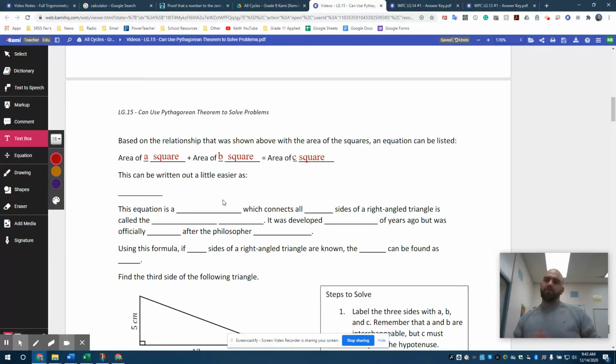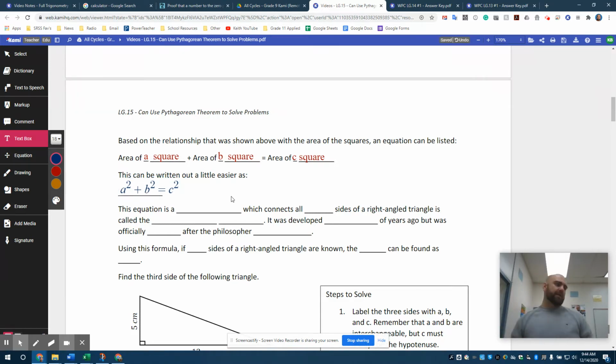Okay, so a squared plus b squared is equal to c squared, and to find that using the lengths that we have, we're going to write it out in this form right here. It's going to be a squared, which is a times a, plus b squared, which is b times b, is equal to c squared, which is c times c. So this is our equation that we're going to come up with.